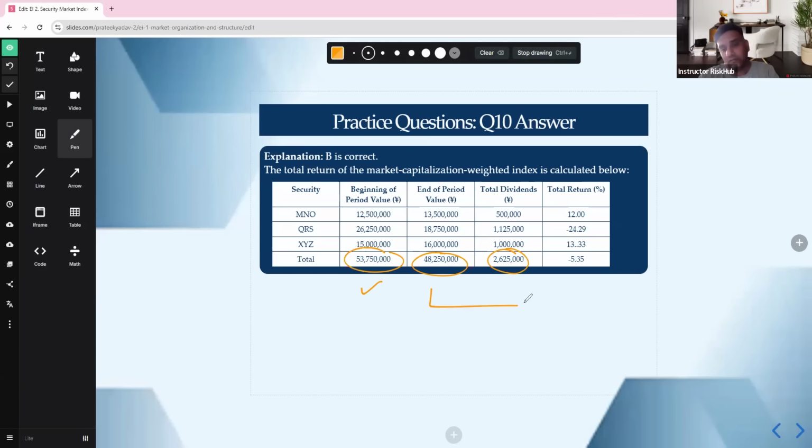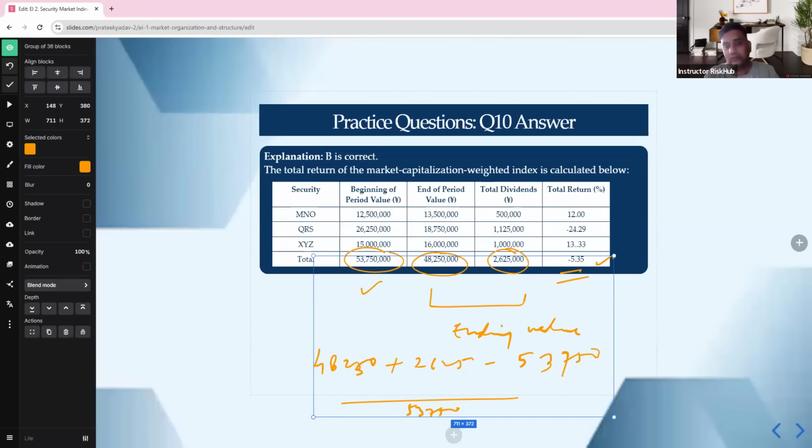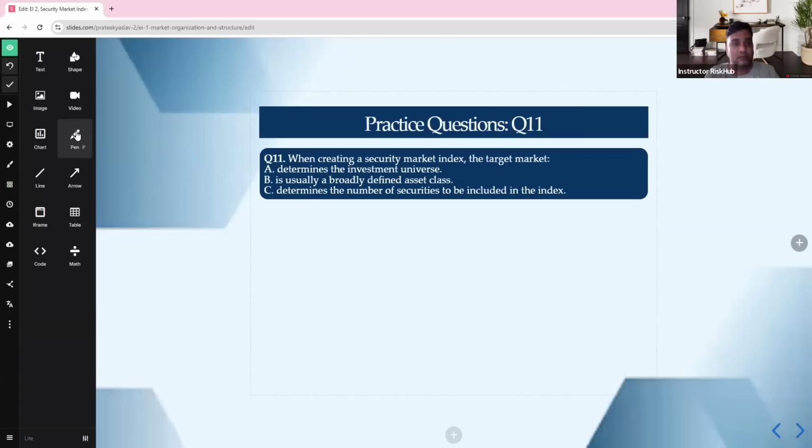Ending value is a combination of this, so you have 48,250 plus your 2,625 minus beginning value 53,750, divided by your 53,750. That is your total return. So ending value plus dividend will be the value, because the dividend is coming later. Keep that in mind. So again, this you have to do, guys.